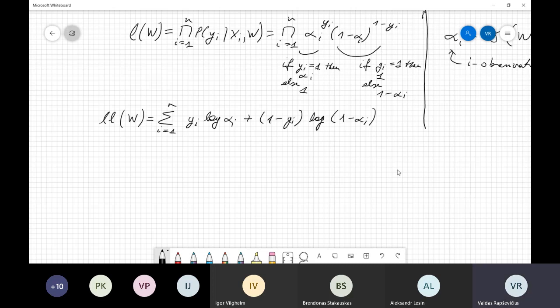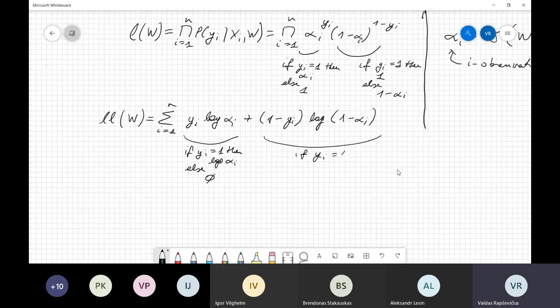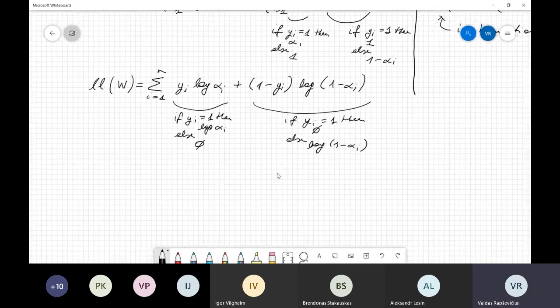This is again the same rule, because yi is 0 or 1. If yi equals 1, then log alpha i, else 0. On the other side, if yi equals 1, then 0, else log of 1 minus alpha i. Okay, so I guess you understand this.